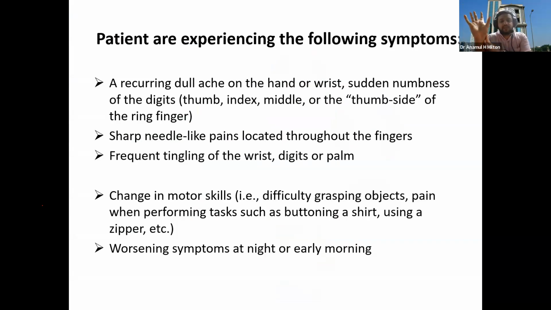That is a dull aching pain, usually on the lateral side or the radial side, usually in the thumb, index, and part of the middle finger. So in these three fingers there is numbness as well as pain, sometimes pin-like pain, and it increases at night. Usually night time is more painful.